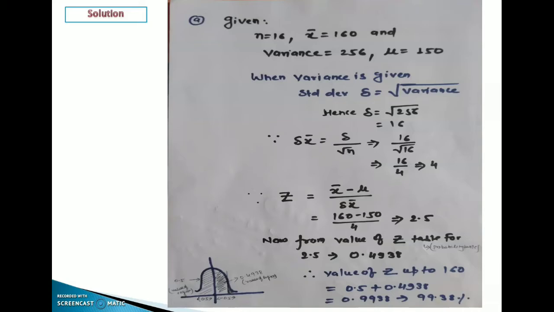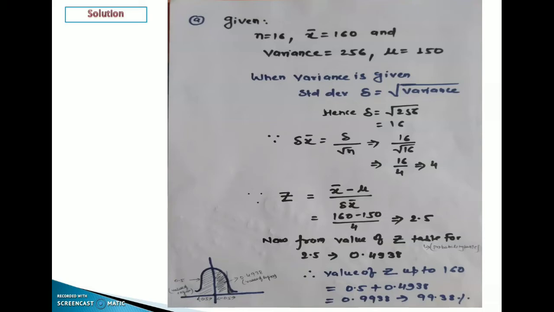2.5. Now to know the probability for this value of z, we have to go and see the probability table of the z factor. There we see the value for 2.5 is 0.4938. Now friends, pay attention to this figure.